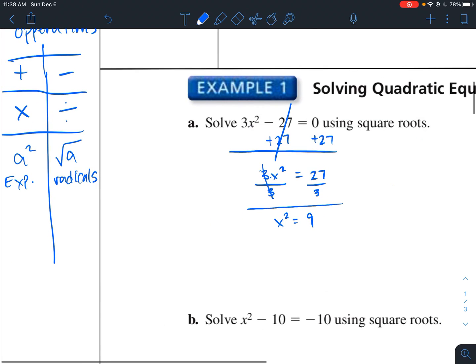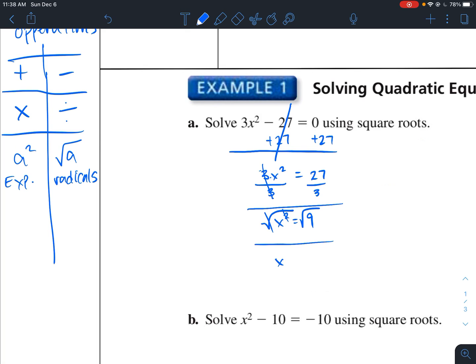And now again, I have something that's being squared, the exponent. So in order to undo the exponent, I can perform a radical or a square root. So I can take the square root of both sides, because what I do to one side I have to do to the other. Whenever I do that, I get x because the radical and the exponent will cancel out.